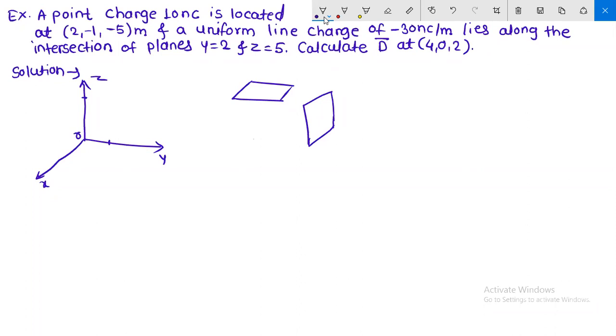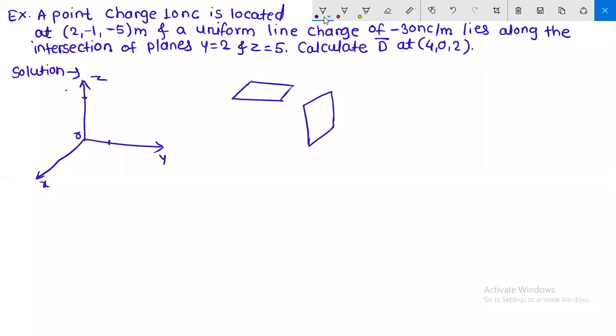Now the intersection of these two planes, y is equal to 2 and z is equal to 5.